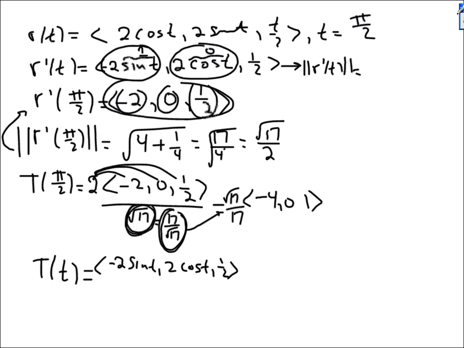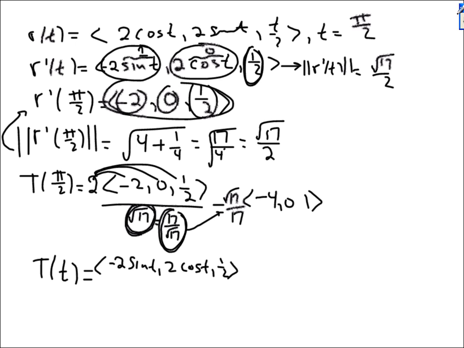That's going to add up to 4 plus 1/4. So either way it is not a function of t. The square root of 4 plus 1/4 is square root of 17 over 2.